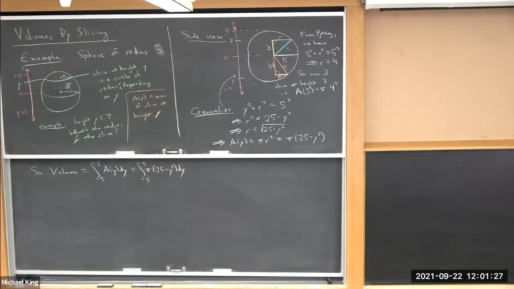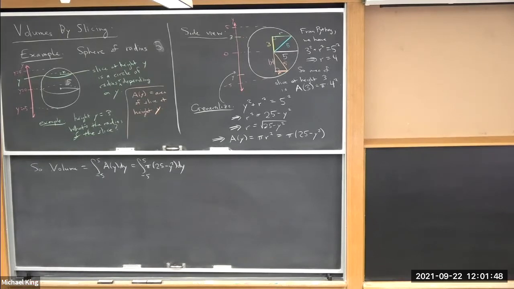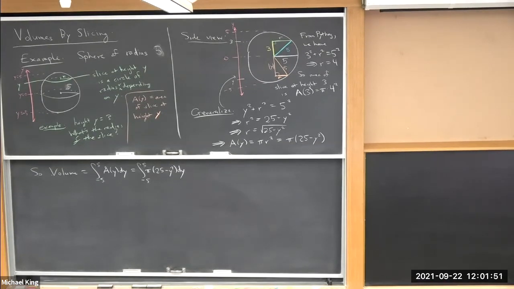I'll check the chat in case anyone remote has a question. Hopefully you can see the board. You might also think, if you do finish this, about how to generalize this to a sphere of radius, I'm scared to say R because we're already using the letter r.